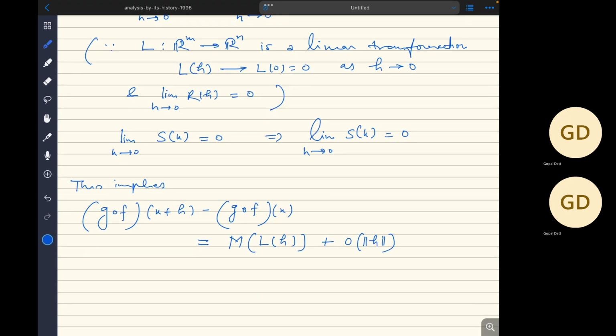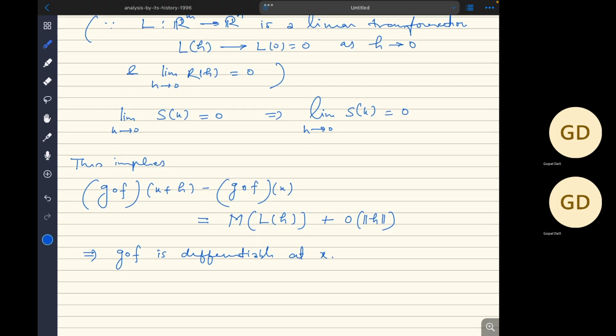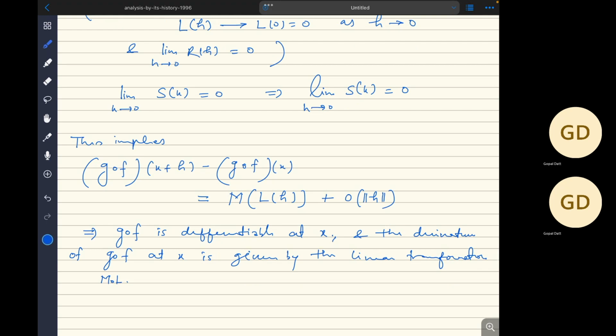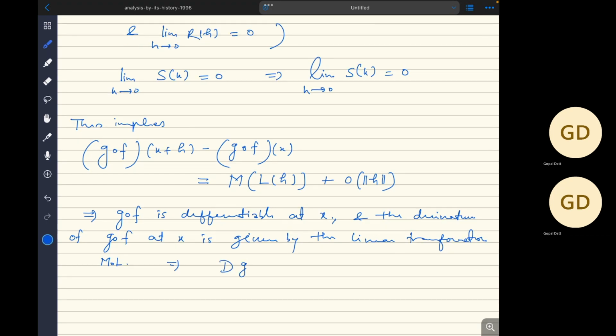This means G∘F is differentiable at x, and the derivative of G∘F at x is given by the linear transformation M of L. Okay, so this means D(G∘F)(x) equals M∘L.